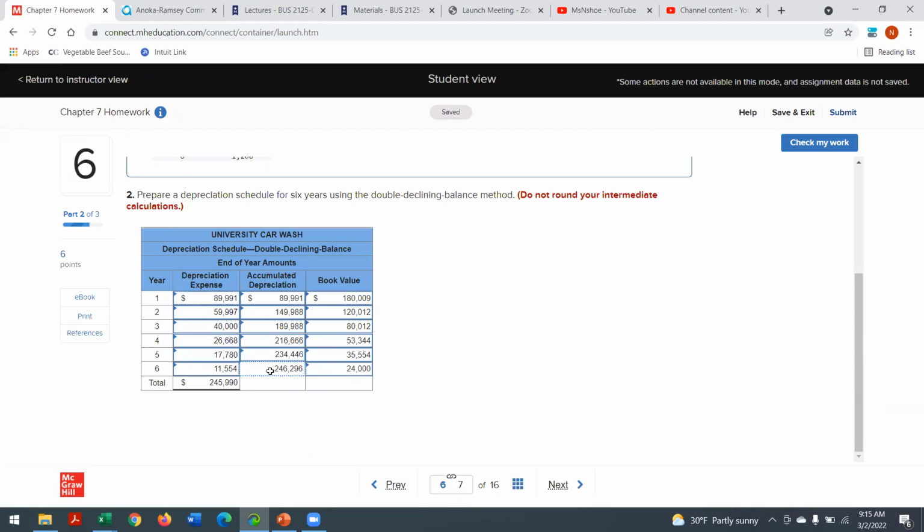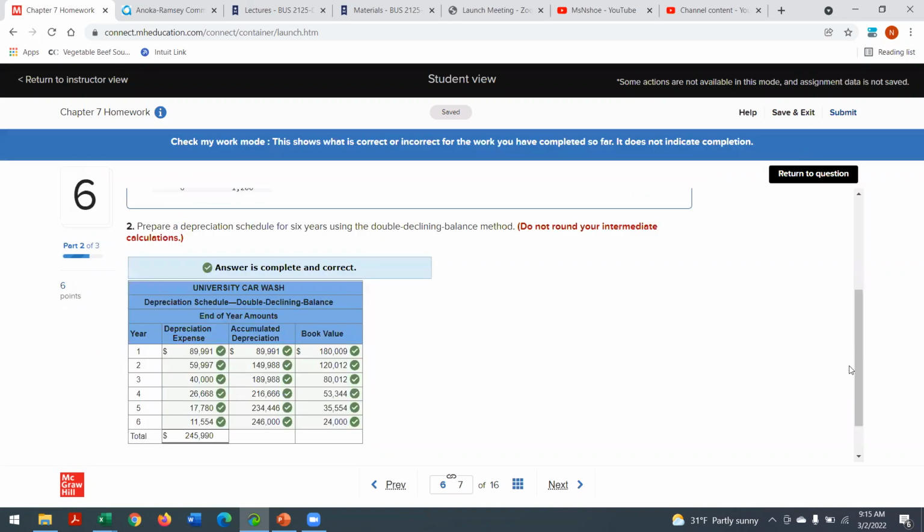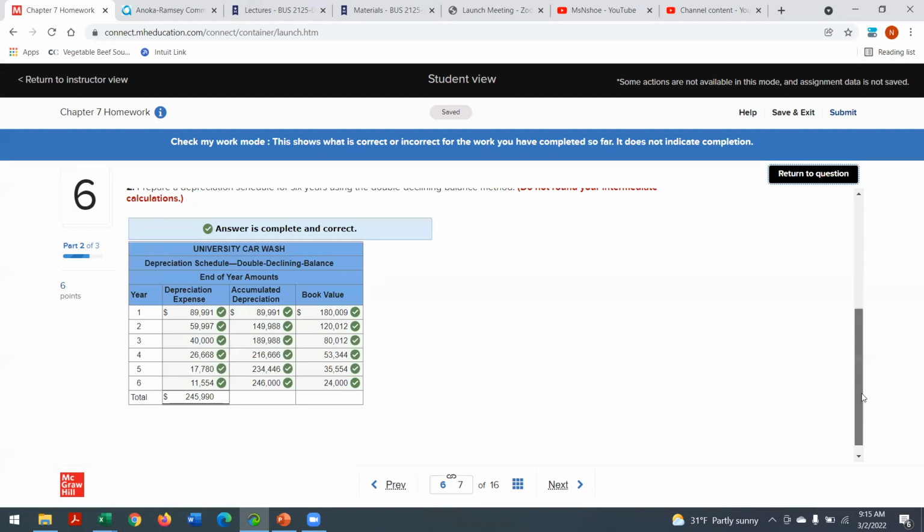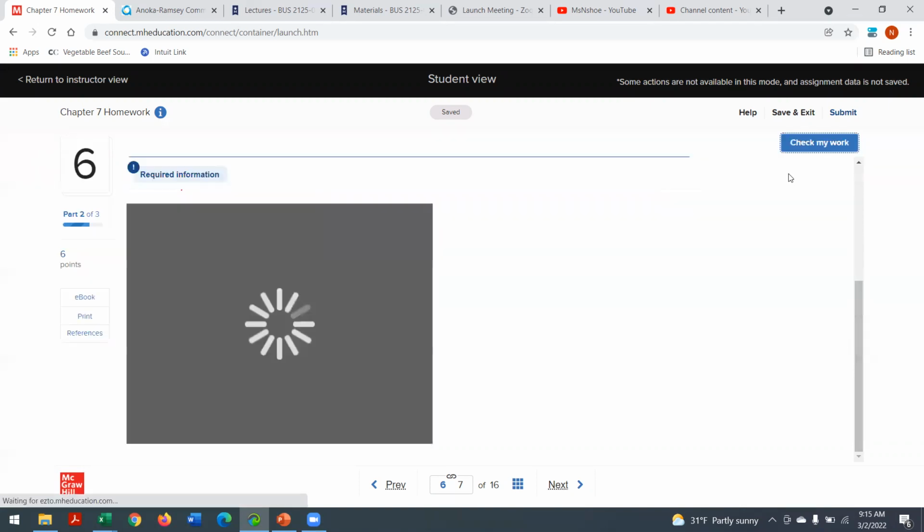Okay. So this number is 246, and this book value cannot go below 24,000. Let's just make sure I got it right. Does that make sense, guys?